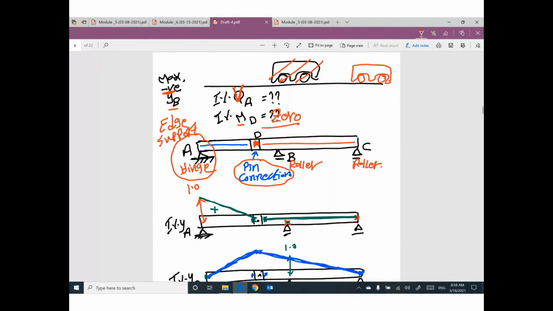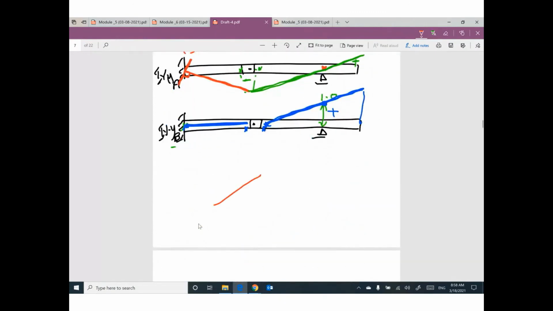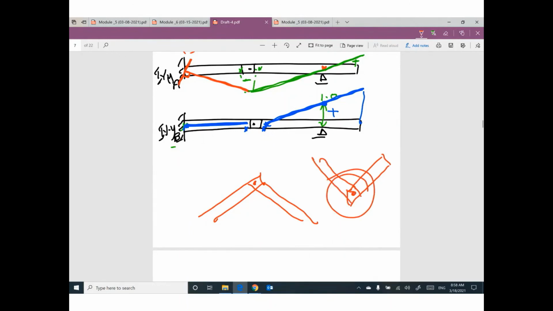Any pin connection, we don't have moment because you can rotate this pin connection. We expect that this pin connection will be like this, or will be like this. So we cannot support moment.